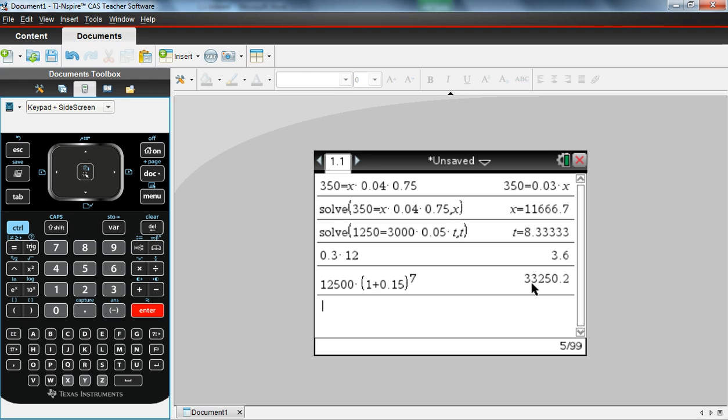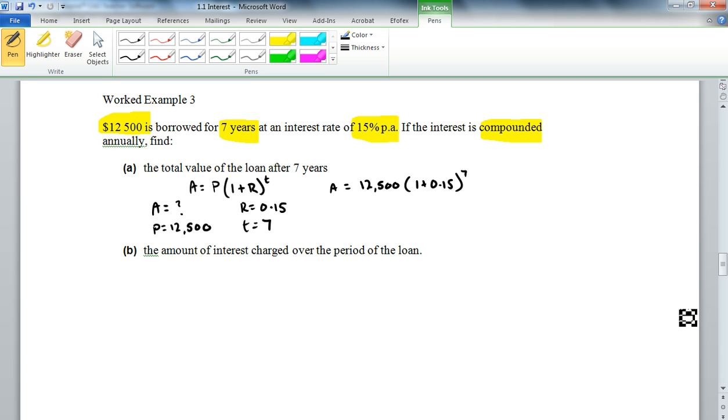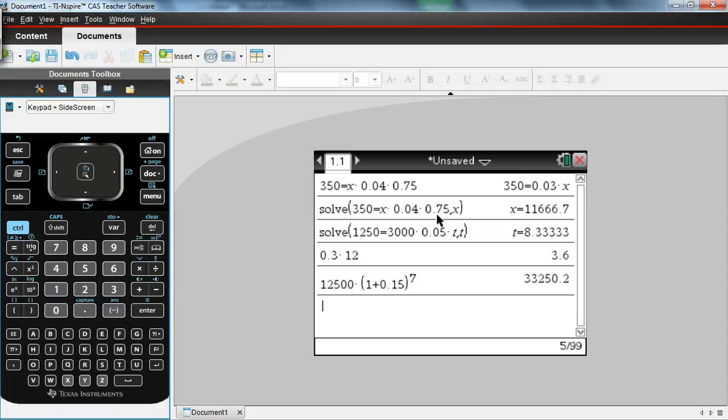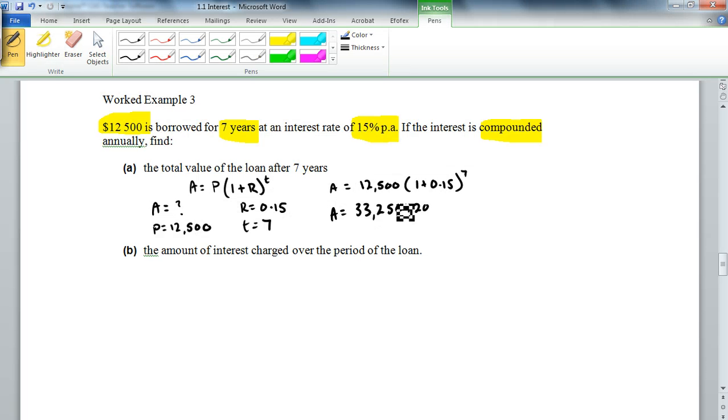So the actual amount the loan will be is $33,250.20. So A equals $33,250.20. That's the actual amount that the loan is, if you didn't pay off anything.